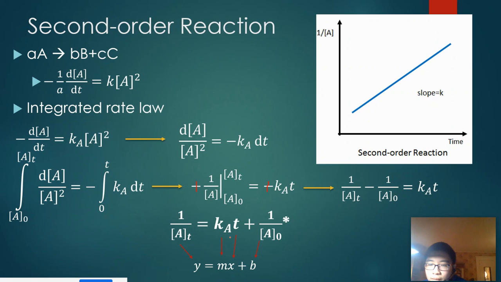All right. Sometimes in tests or exams, you might be given a linear graph, and they might ask you, by the graph, what is the reaction order? If the graph is linear and upward sloping and it's 1 over [A] versus time, that's definitely second order.